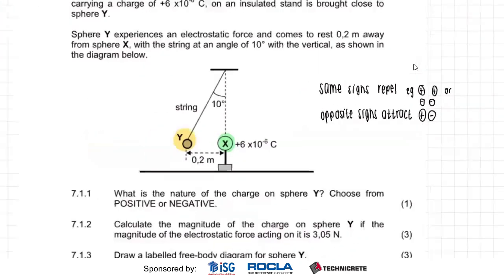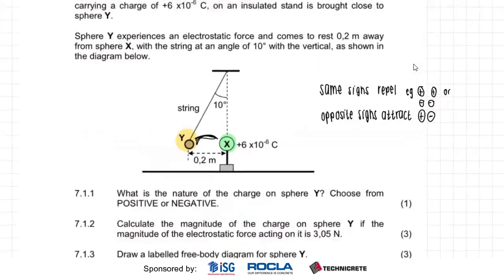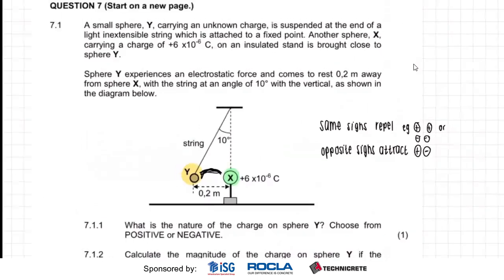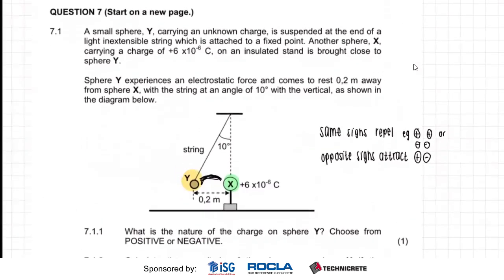So what is happening here between X and Y? It seems to me that they are repelling each other. Why? Because they are 0.2 meters apart and they are staying apart. If they were attracted to one another, they would be together and stay together.